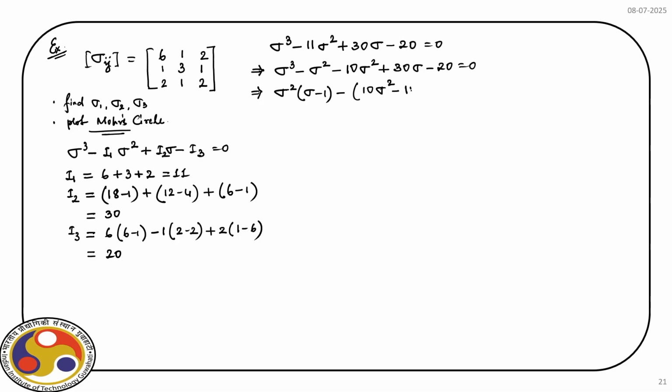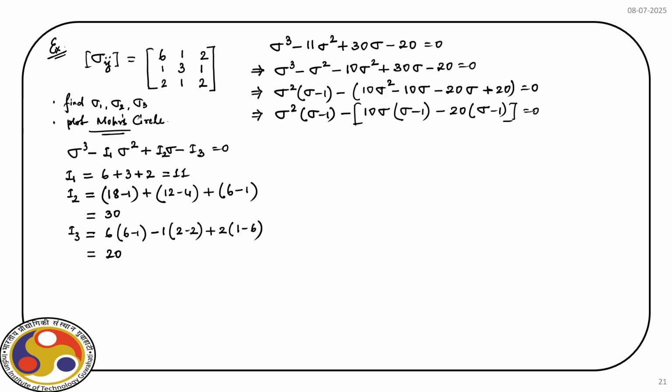So, minus 10 sigma minus 20 sigma plus 20 is equal to 0. So, we have sigma square times sigma minus 1, then minus here we have 10 sigma, then within bracket sigma minus 1 minus if we take 20 common, sigma minus 1, which is equal to 0.